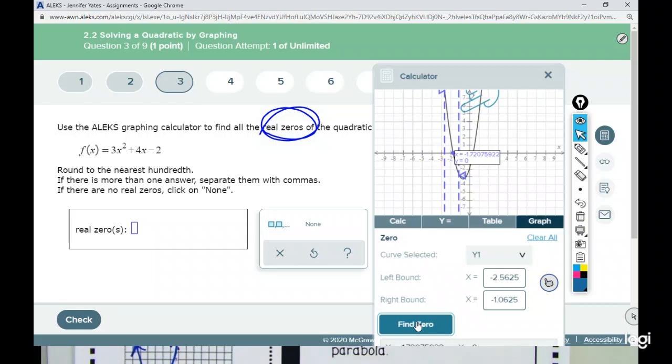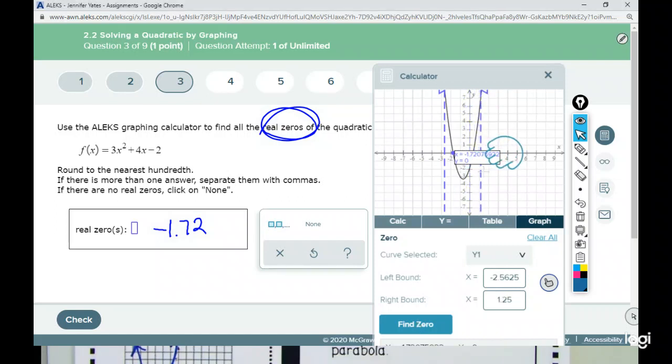And look at that. It tells me the answer right there. And I'm supposed to round to the nearest hundredth. So I would come over here and I would type negative 1.72. Okay, and then I've got to do it again.